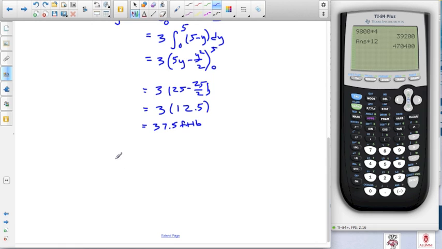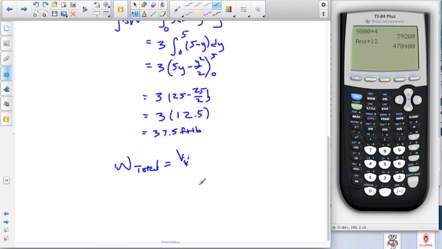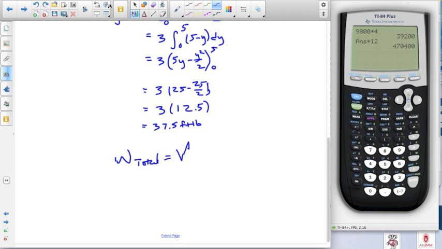So the total work then is going to be our work that we get from our constant work function plus our variable work function. So we're talking 150 plus 37.5, which gets us to 187.5 foot-pounds.